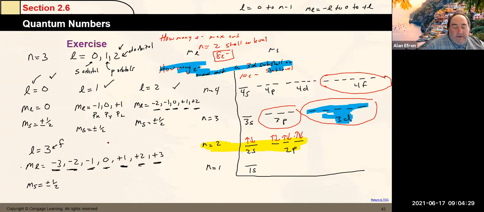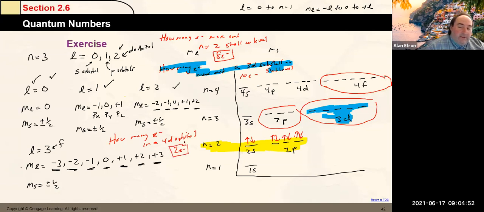If I want to know how many electrons in a 4d orbital, take a second. How many electrons in a 4d orbital? The answer is 2 electrons.